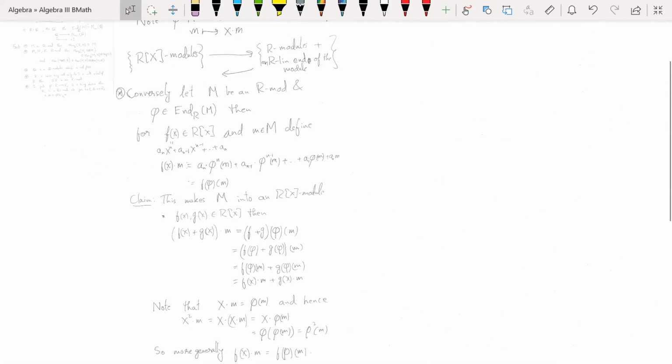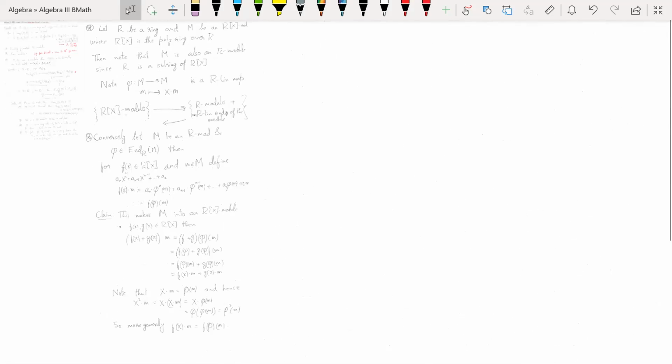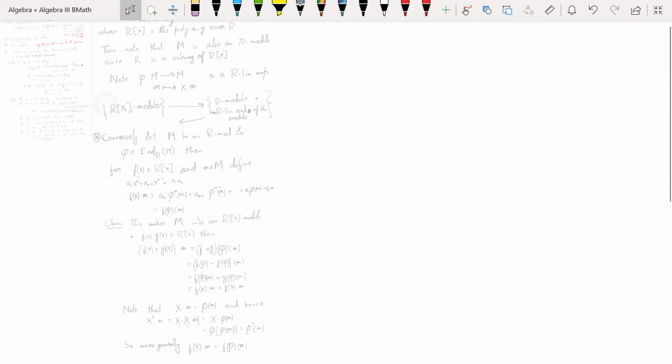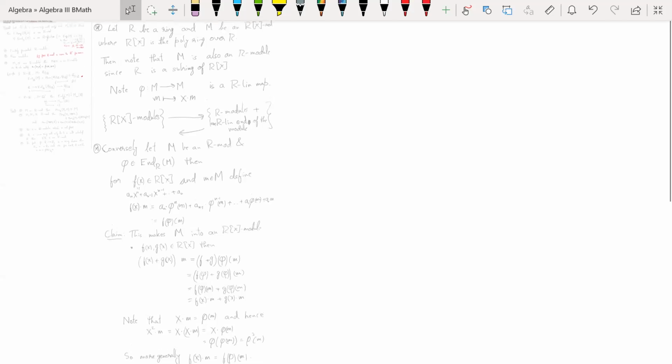So that means if you start with an R[x]-module and you build up these modules this way, maybe I haven't written the conclusion.